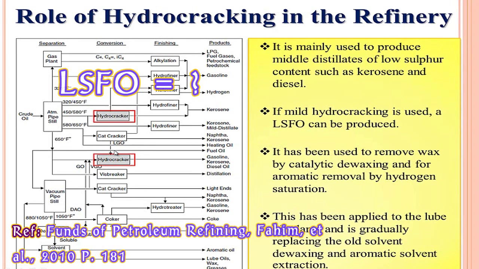Hydrogen fed into the reaction is also used to treat or remove sulfur as well, so low sulfur fuel oil can be produced. So they do two reactions at the same time, one cracking and one removing some contaminant.